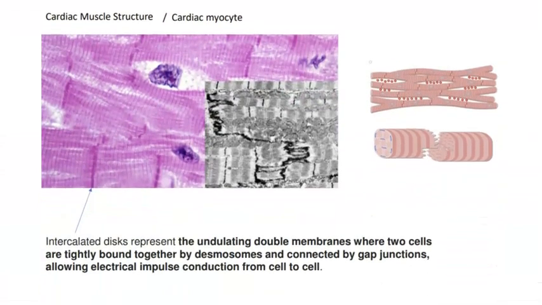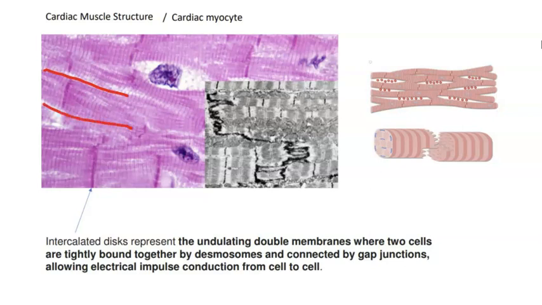Cardiac muscle, often known as cardiac myocytes, has a specialized structure in comparison to skeletal or smooth muscle, and this is to do with the way in which these muscles connect to each other. In this photograph, we can see the cardiac myocytes coming down here.